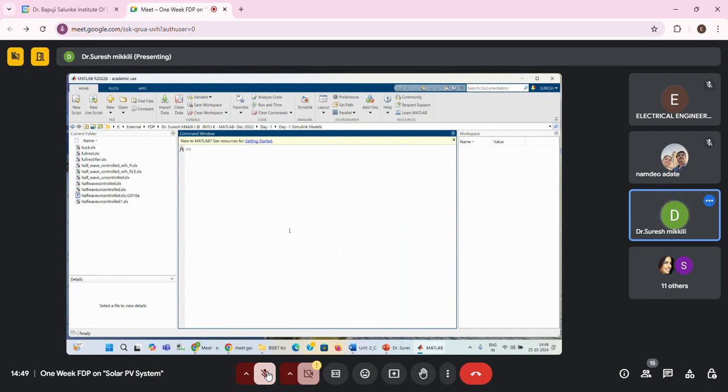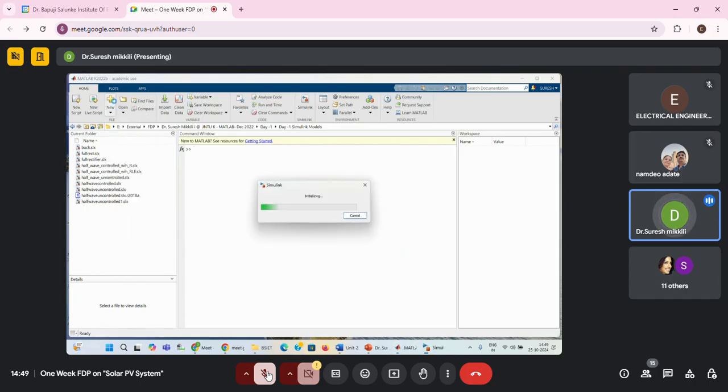The first one I have explained is when constant irradiance is taken and the temperature is varied, how it is. It is ready. I will take a new model. So I'm taking a new model.